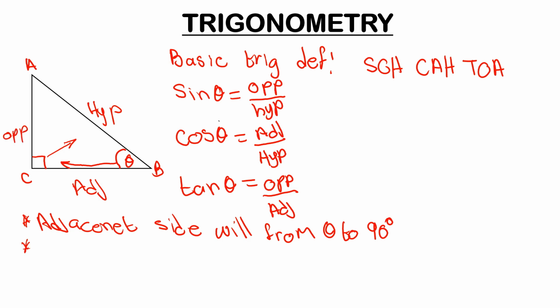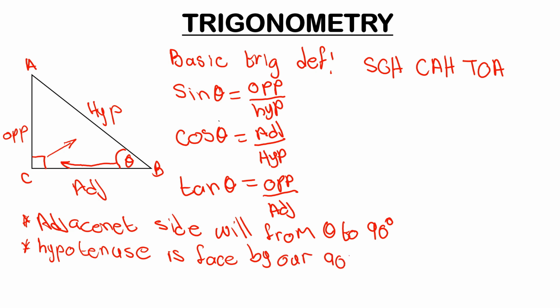So our hypotenuse is faced by our 90 degrees there, and the remaining side is our opposite.